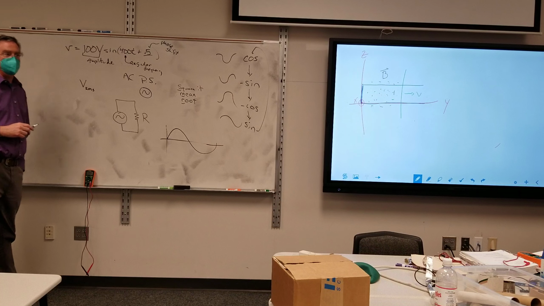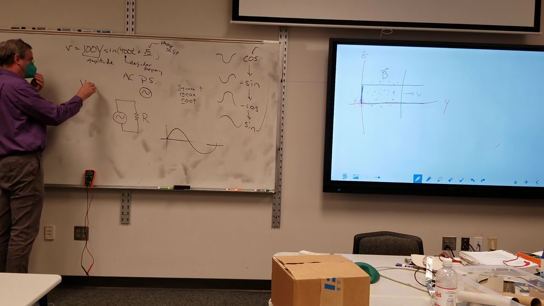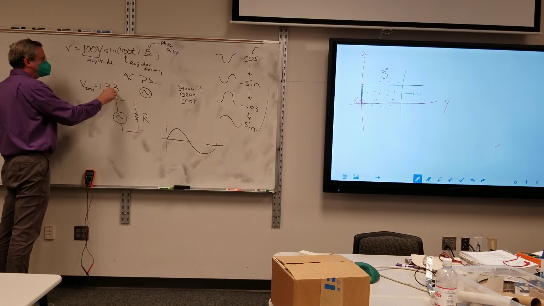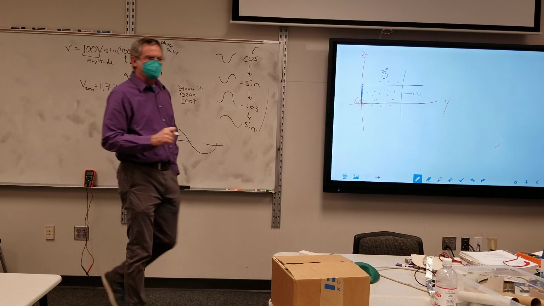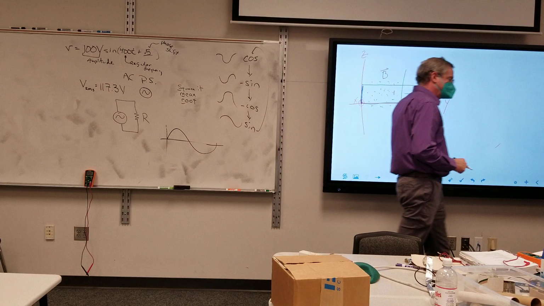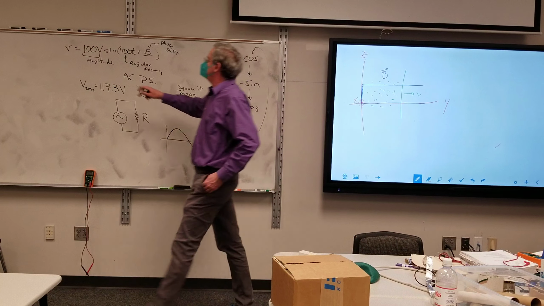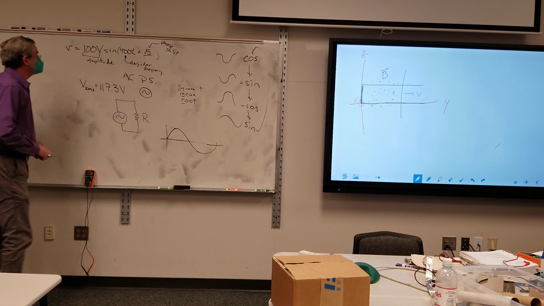It's a capital V because we are dealing with a specific value. It was 117.3 volts. But how do we figure out what the amplitude is? Because this amplitude right here is the peak value, or the negative of the minimum value.